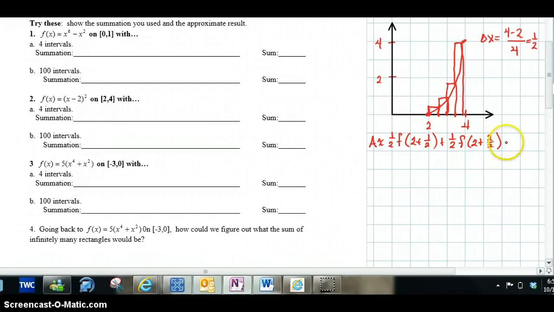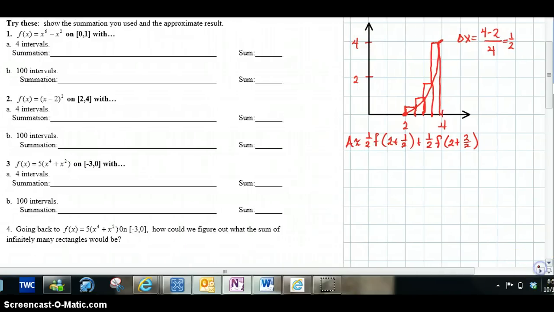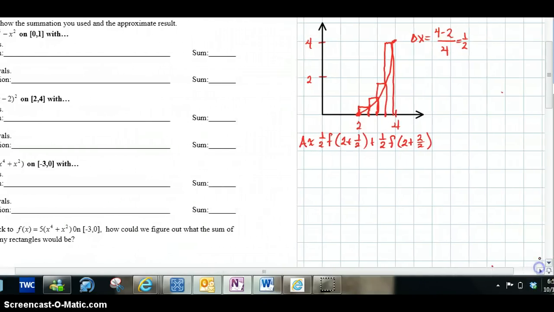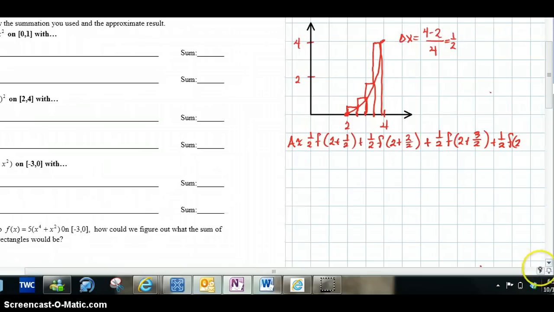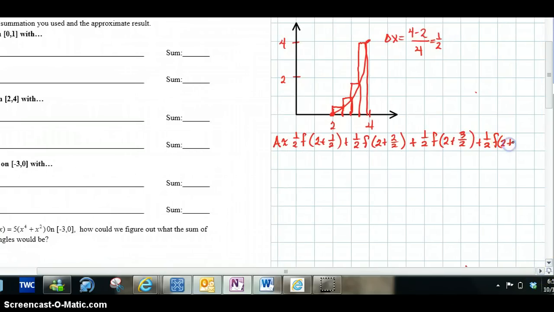The third rectangle is going to be a half multiplied by f of 2 plus 3 halves. And the fourth rectangle is going to be a half, f of 2 plus 4 halves.